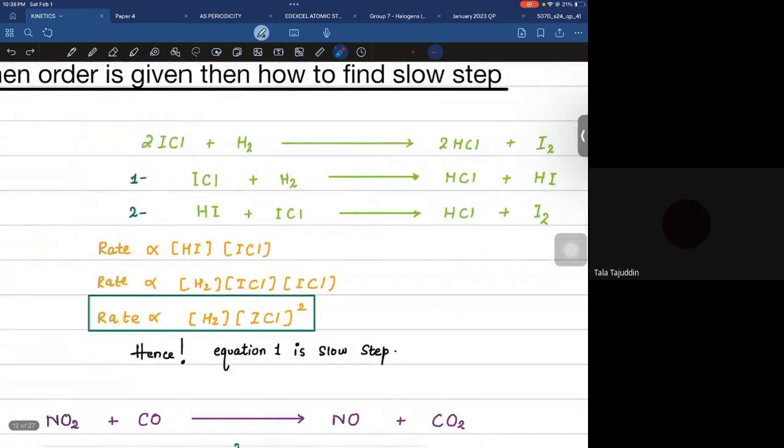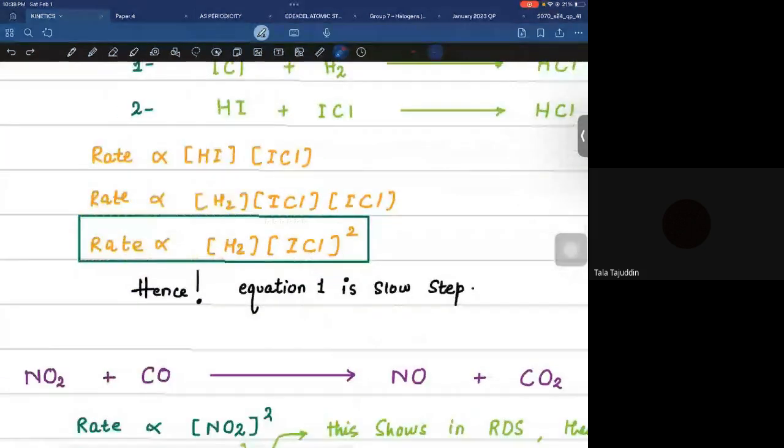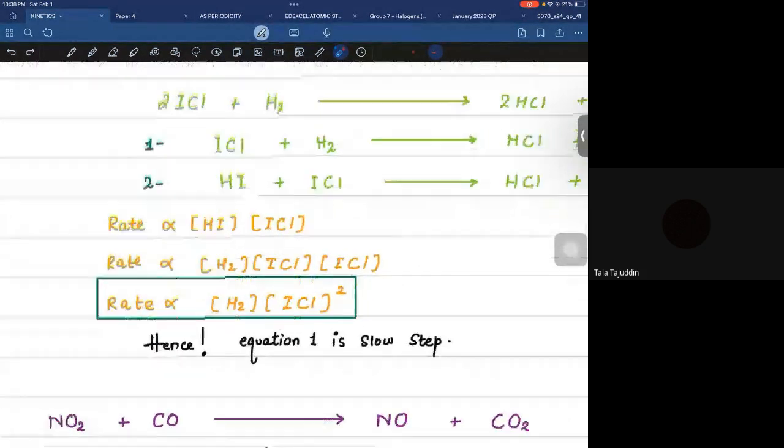Now see this, try this. Again, the same thing, but you need to try this.